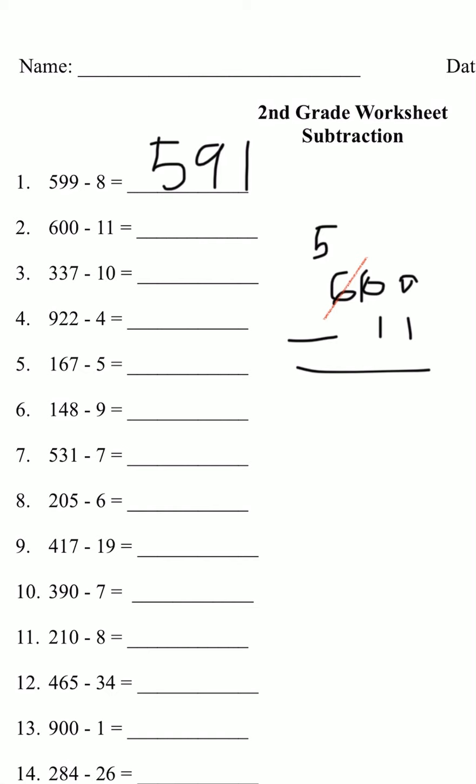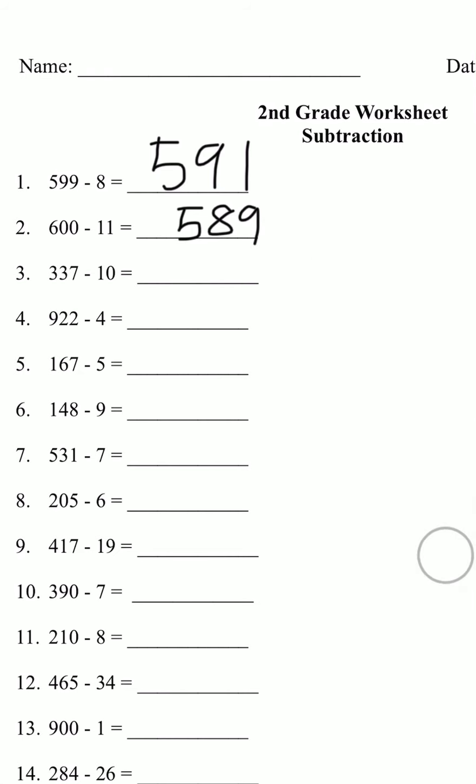But then we also need to borrow 1/10 from the second digit, so that our second digit is going to be a 9. And then now we add 1 to our first digit, which is going to be 10 minus 1 now. So that's 9, 8, and then 5. So 589.